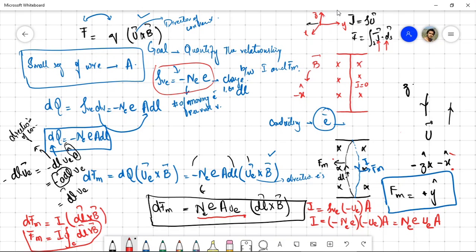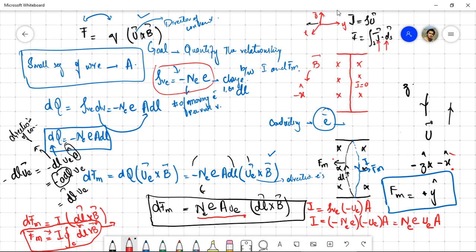So this is going to be the quantification of the relationship for the magnetic force acting on a current carrying conductor. So this is the current, the dl is the path that the current is taking, and the B is the value of the magnetic field, the magnetic flux density under the influence of which this conductor is placed.